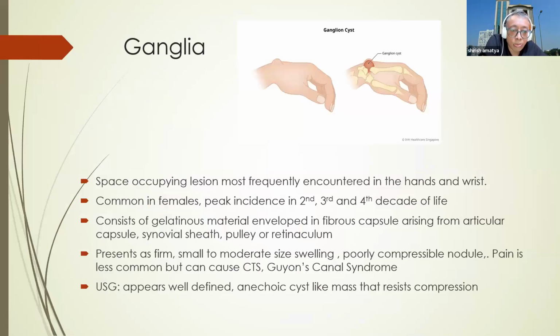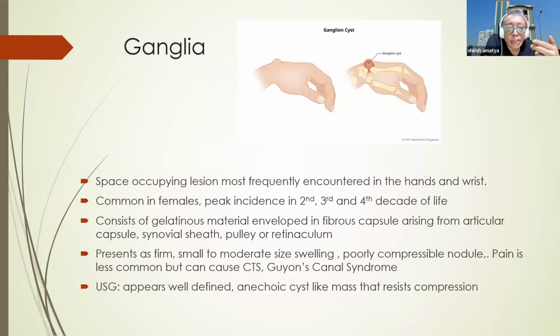They consist of gelatinous material encapsulated by a fibrous capsule, and they can arise from the articular capsule or synovial sheath, or even from the pulley, as I showed in the previous slide, or from the retinaculum. They usually present as a small to moderate sized nodular structure, which is poorly compressible.